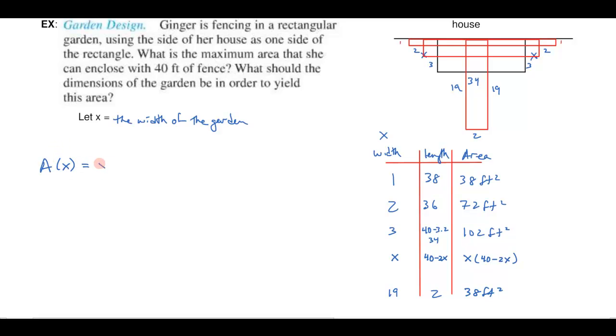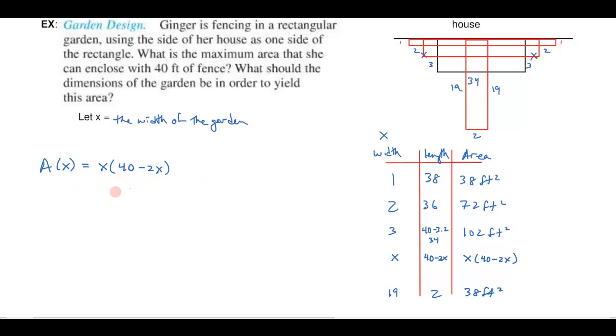Notice that if x is 2, I have 2 here, and then 40 minus 2 times 2, that was the 36. If x was 3, I'd have 3 here for the width, and then 40 minus 2 times 3, that was the 34 feet for the length. Well, I can do that for any value of x. That's what algebra is all about.